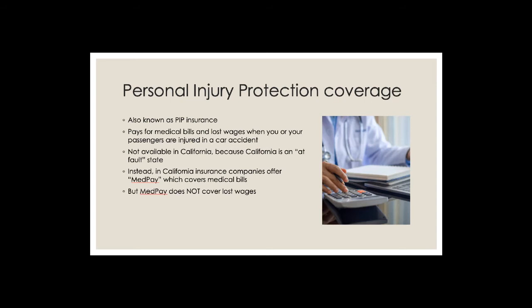Here in California, we don't have that because we are an at-fault state. That's an insurance technicality. We won't spend a lot of time explaining it, but just realize that in California, instead of PIP insurance, we have MedPay. MedPay will cover certain types of medical bills, but does not cover lost wages. It's also fairly expensive here in California, but that's another optional coverage.